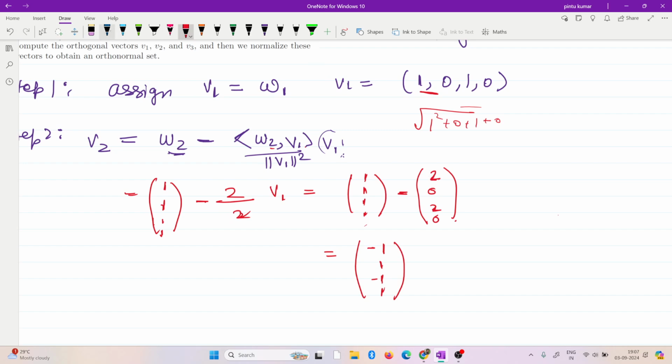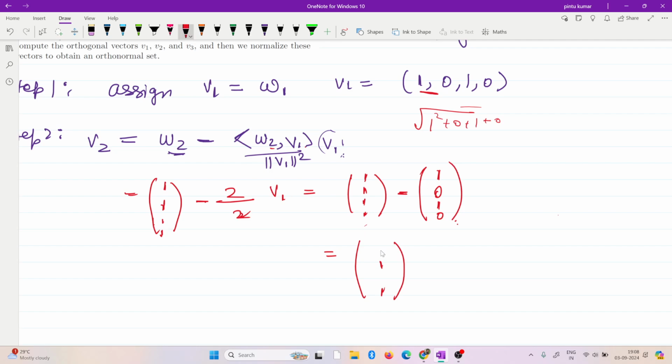And this becomes minus 1 times this. This is (1, 0, 1, 0), and you obtain (0, 1, 0, 1).